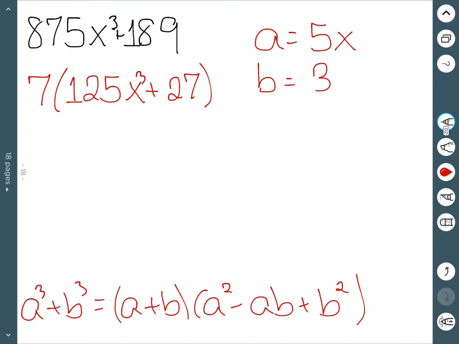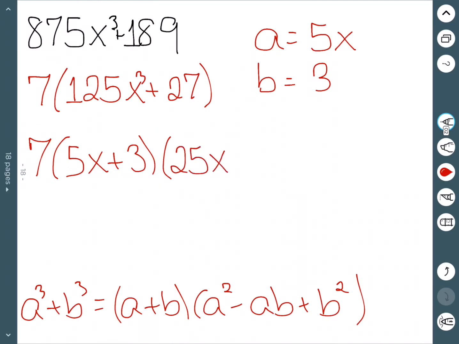And b will be 3, since 3 cubed is 27. So I have (a plus b) times (a squared, which would be 25x squared, minus a times b, which is 15x, plus b squared, which is 9).